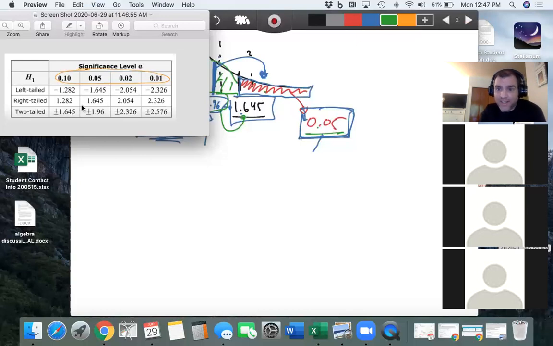For these significance levels, the values will never change. But if they gave you a random significance level, like 0.03, then since that's not on the table, you'd have to compute that.